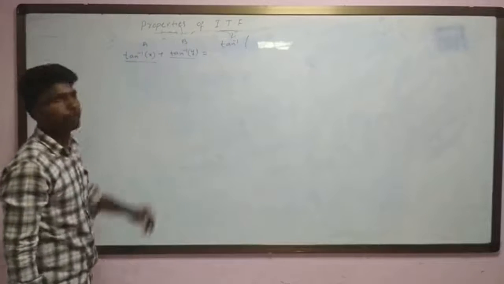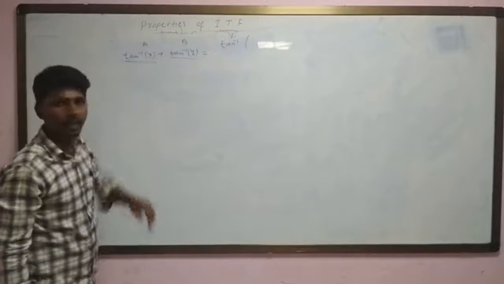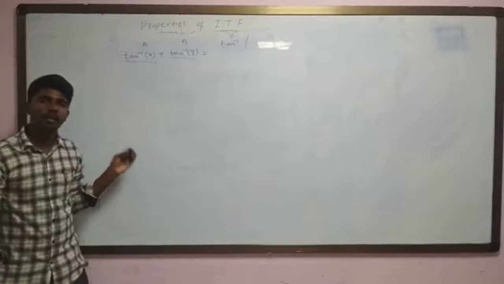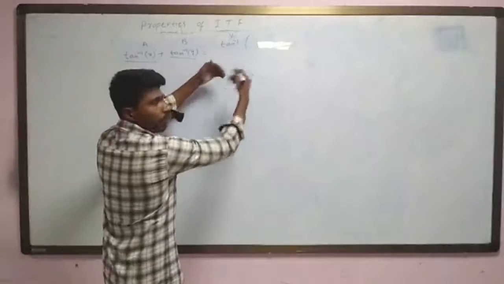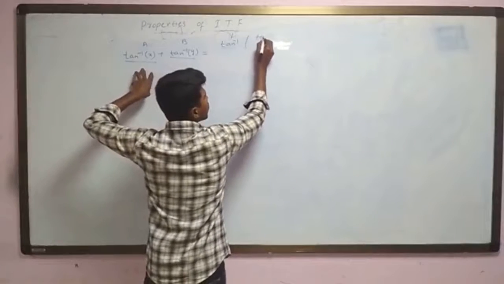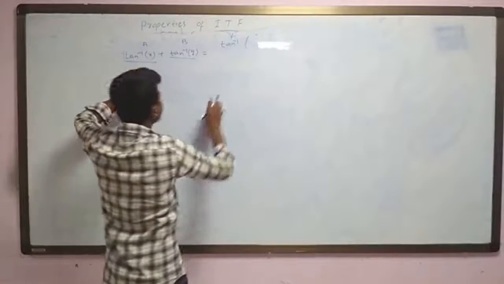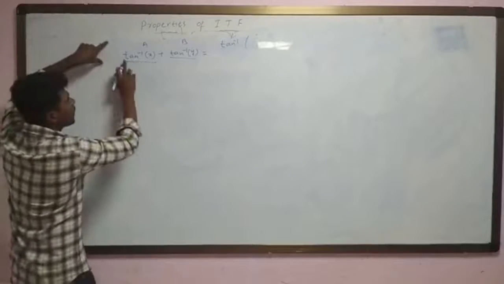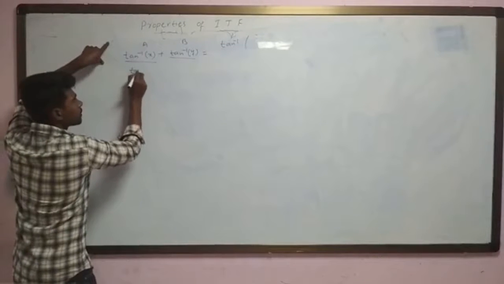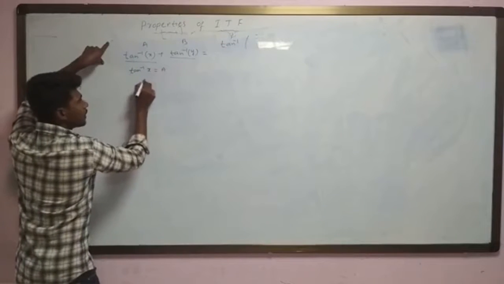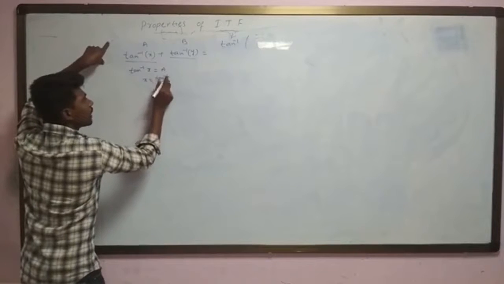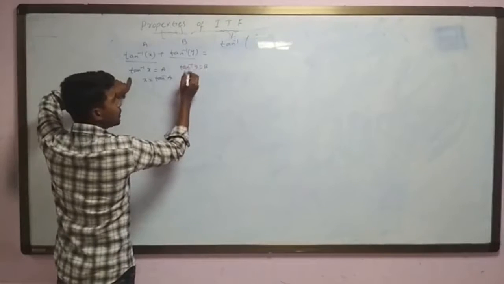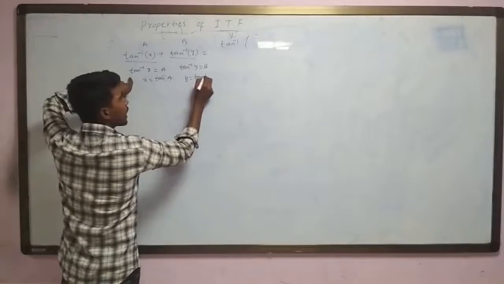We apply tan of a plus b, which can be written as tan a plus tan b by 1 minus tan a tan b. Why does tan a become x? Tan inverse x we consider as a, then x is equal to tan a. Tan inverse y we consider as b, then y is equal to tan b.